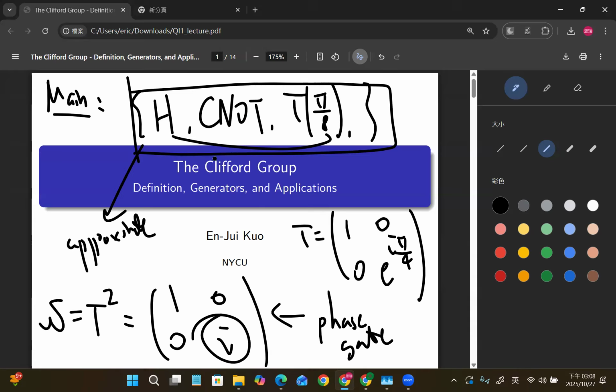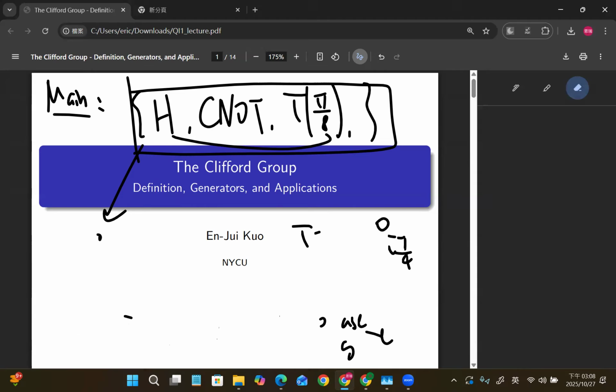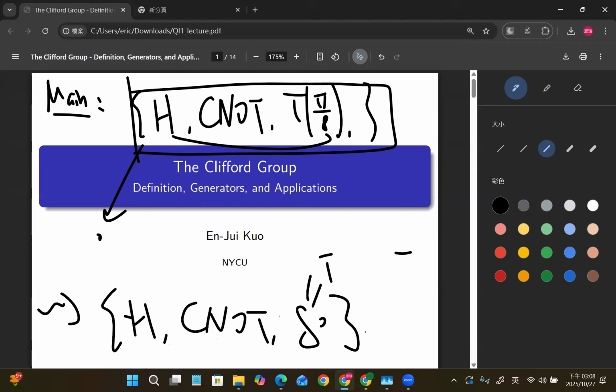Okay, so one question I asked last time is whether one can further reduce this into maybe two of them. You must have this CNOT because it's a two-qubit gate, while these are one-qubit gates. So the question we are going to ask is the following. We can consider the following gates: what about the Hadamard, the CNOT, and also S, which is T squared?